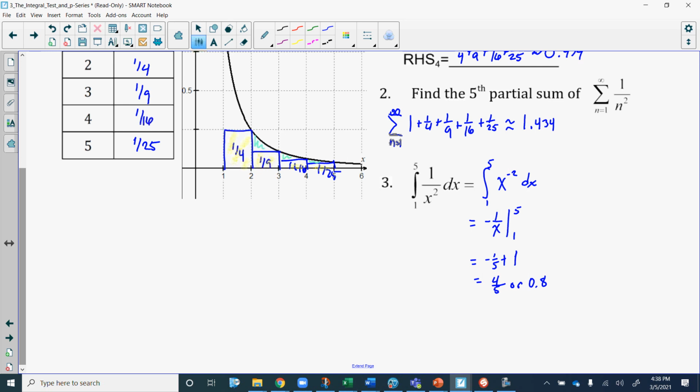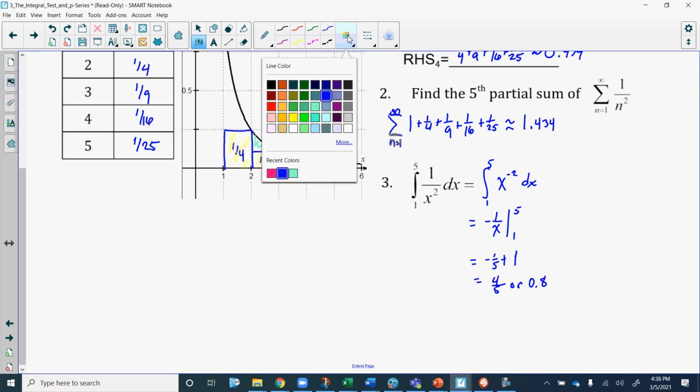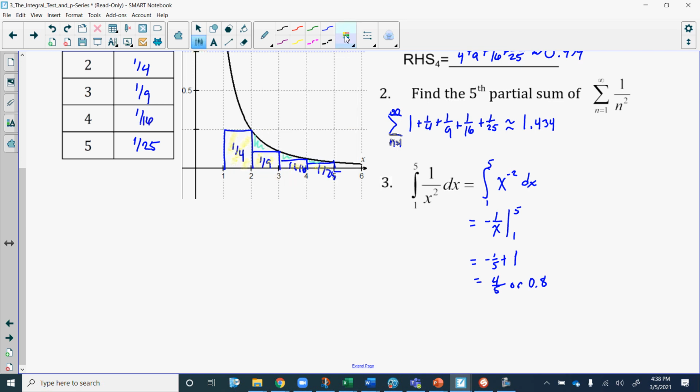Now here, this is where things are going to start to get a little, I don't want to say funny or tricky, but a little bit more in depth as far as what it's asking us to understand for the integral test for convergence.